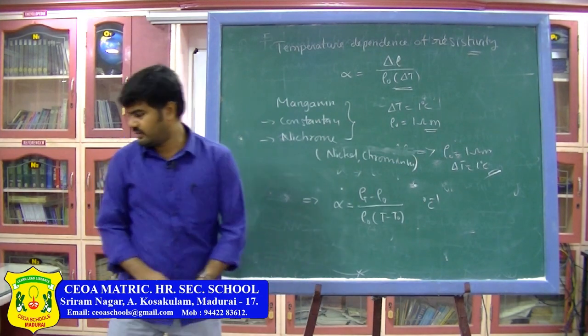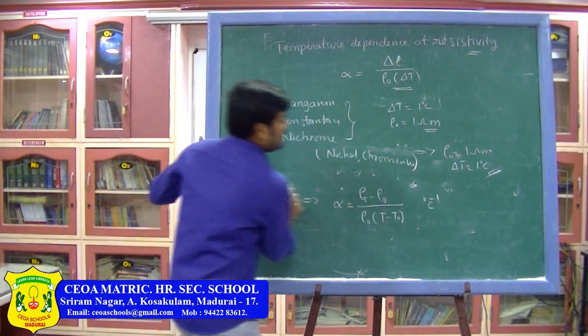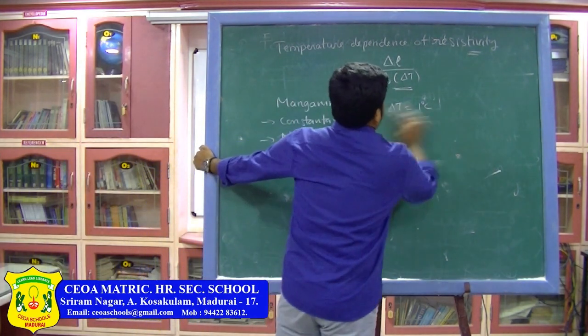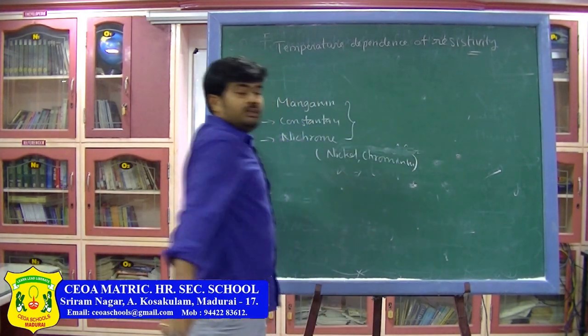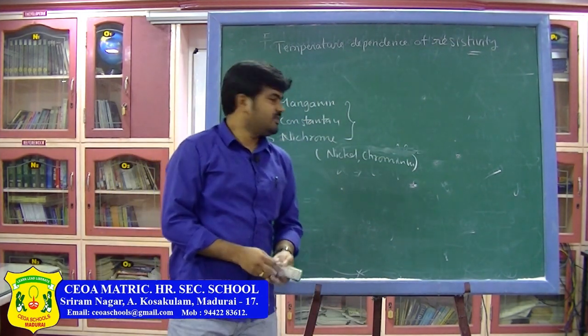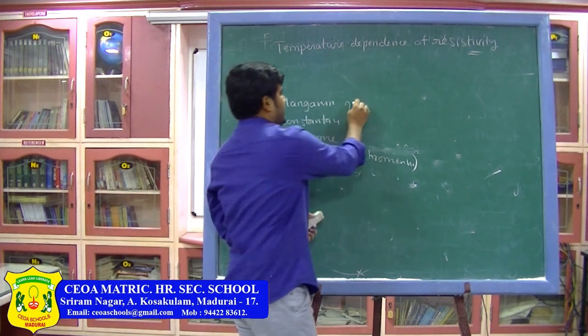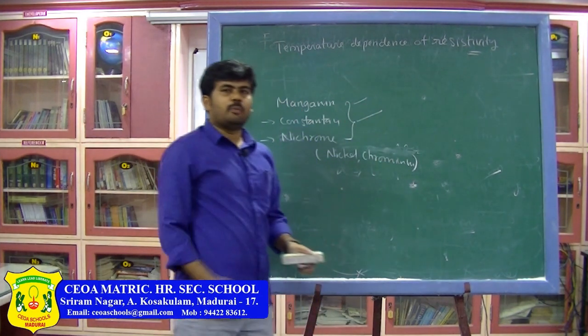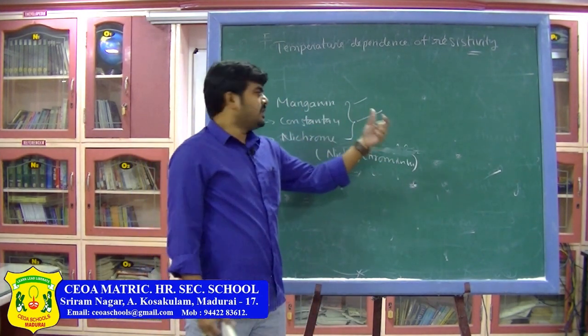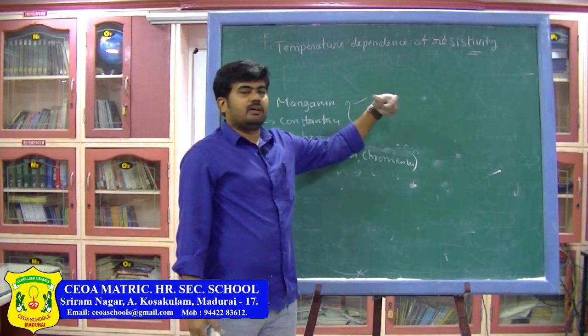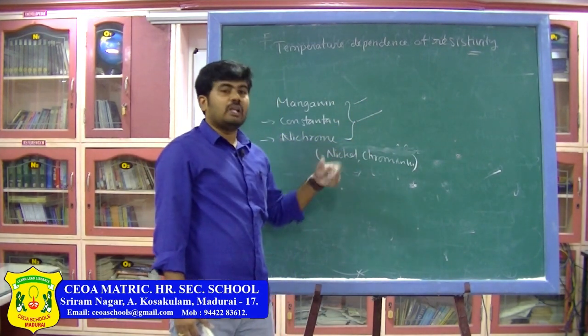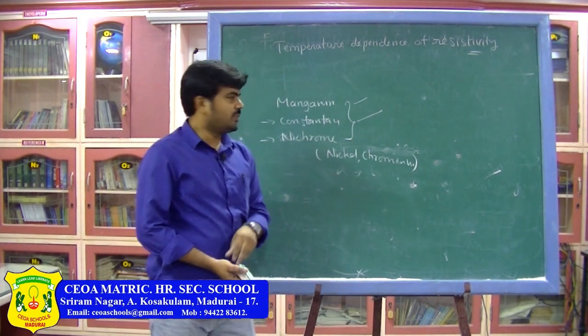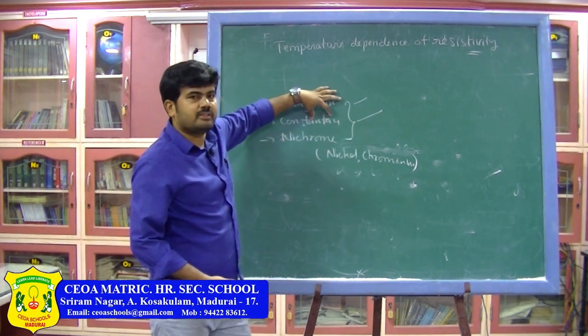The reason for this is they have very weak dependence of resistivity on temperature. That means even if you take a manganese wire or constantan wire, even though the temperature rises by a very large change, the resistivity of these materials will not change much.